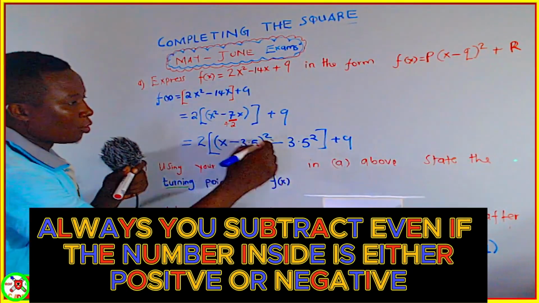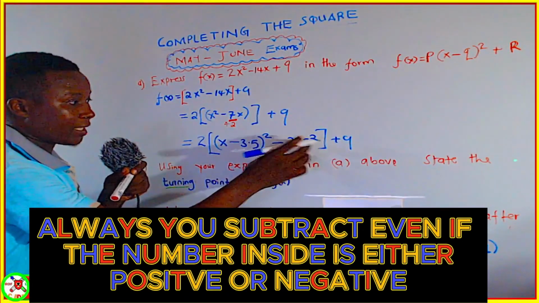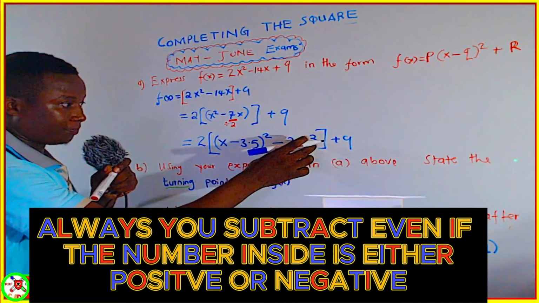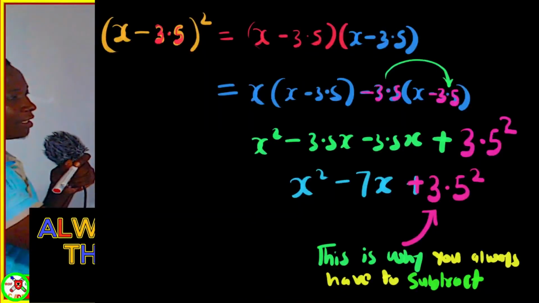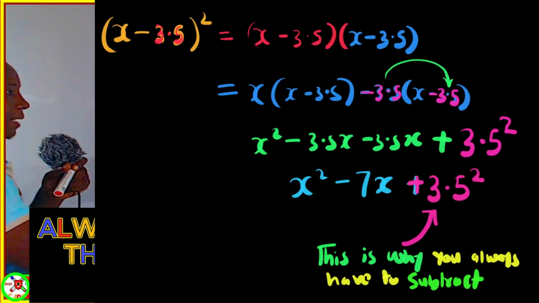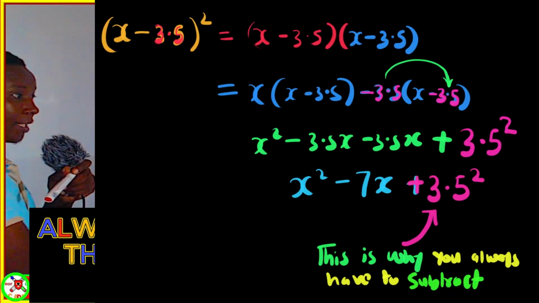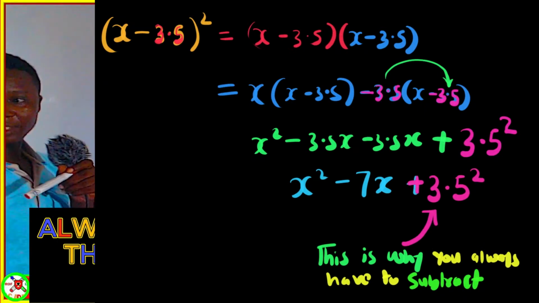Always, even if this number is a negative, you always subtract its square at this point. The reason we are doing this is that if you expand this, you are going to get 3.5 squared, so we subtract it so that we cancel that effect.